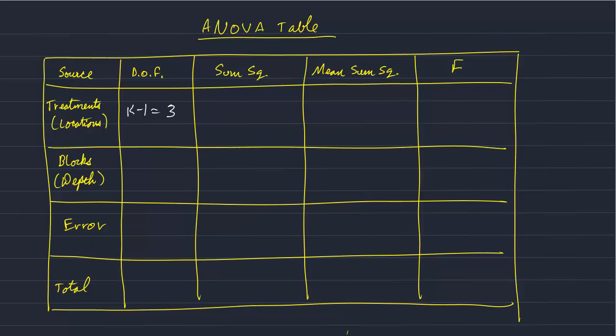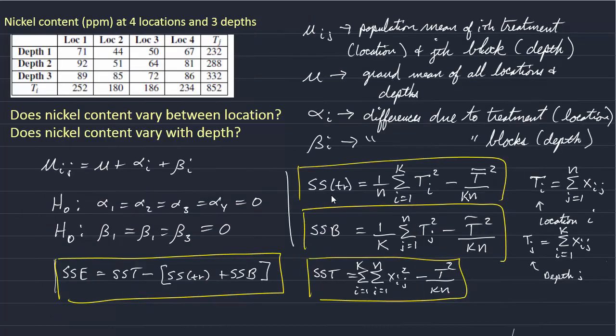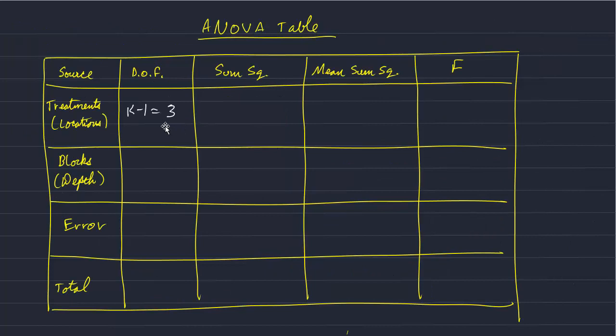For the degrees of freedom, the treatments or the different locations depend on k different locations. So the number of degrees of freedom is k minus 1, which in this case is 3.